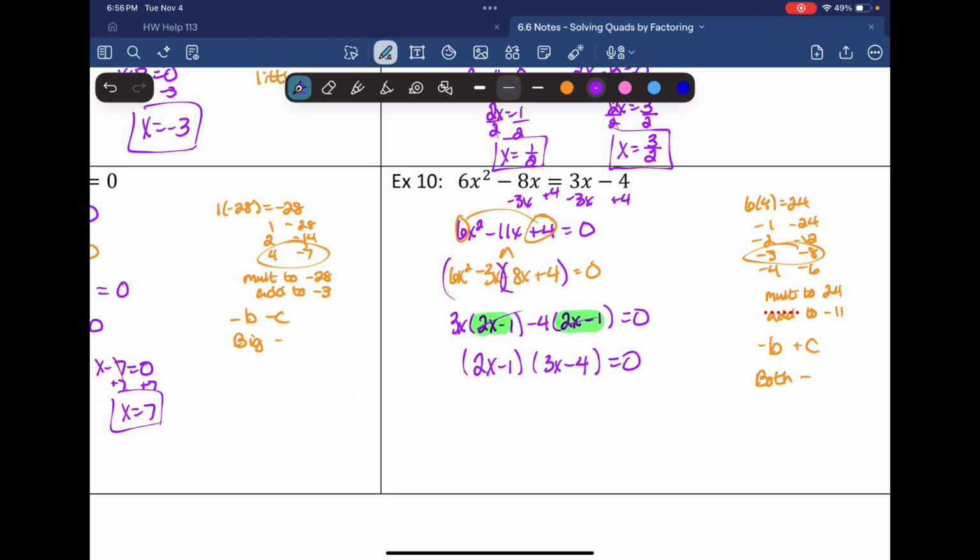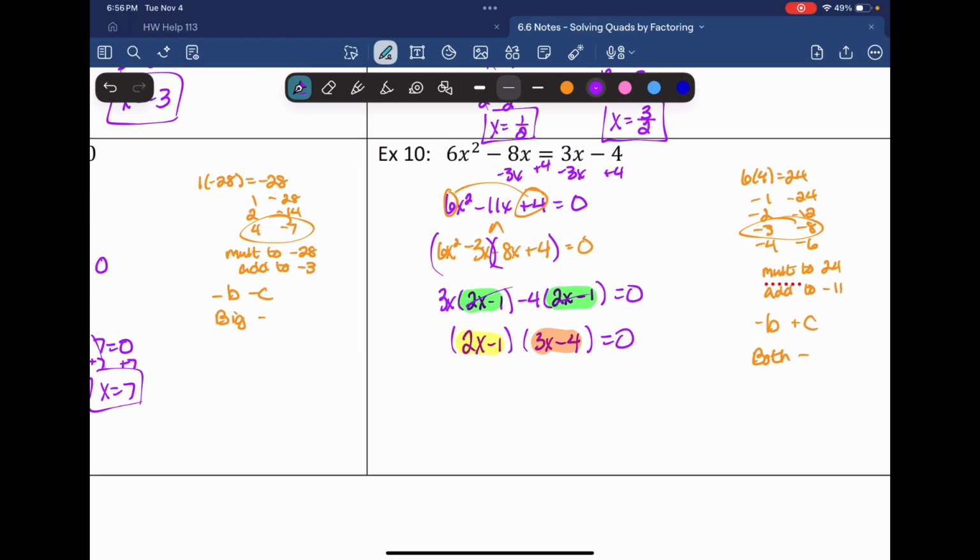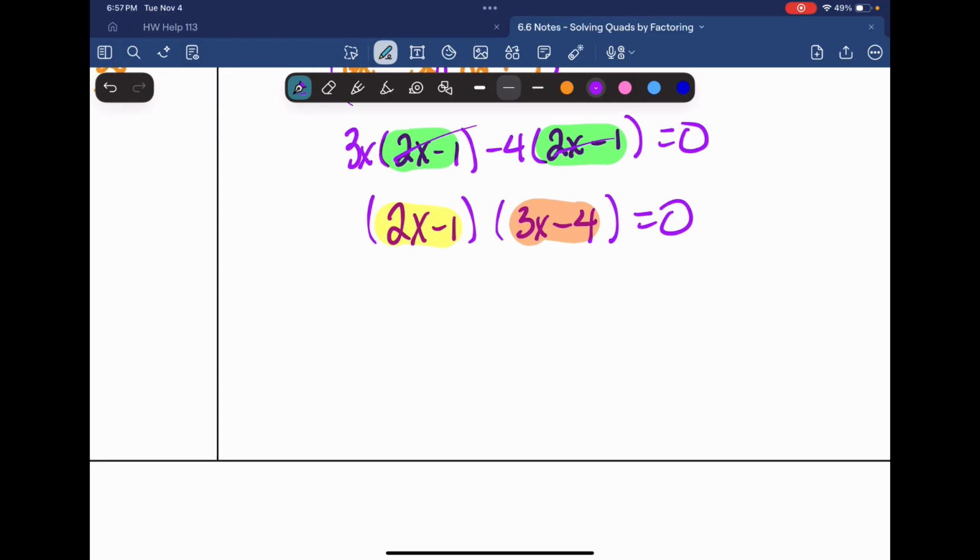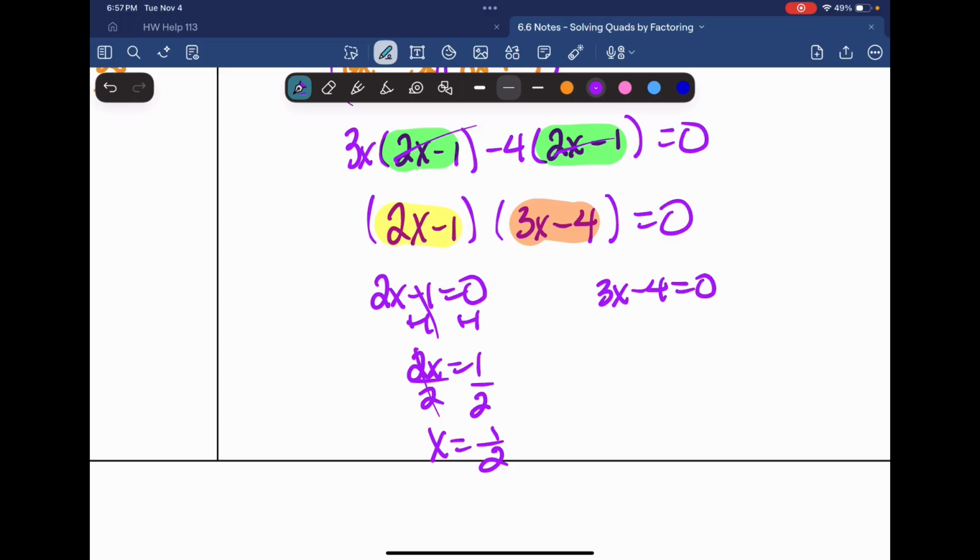I didn't have a GCF to begin with, so factor 1, factor 2, both have variables, both have solutions. Add 1, we get a lot of 1/2s. Add 4, divide by 3.